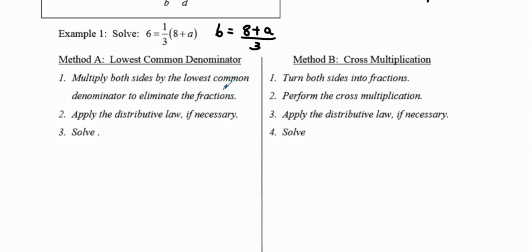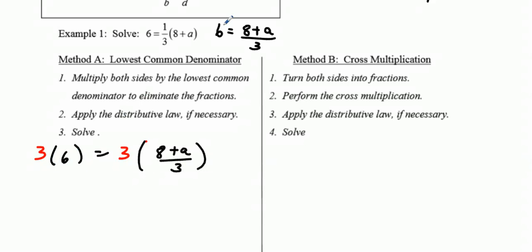So if I want to multiply both sides by the lowest common denominator, that would be really the 3. So I'm just going to multiply this 3 times 6, and then 3 times this whole thing, 8 plus a over 3. I've changed it so that I don't have two sets of brackets when I'm multiplying.